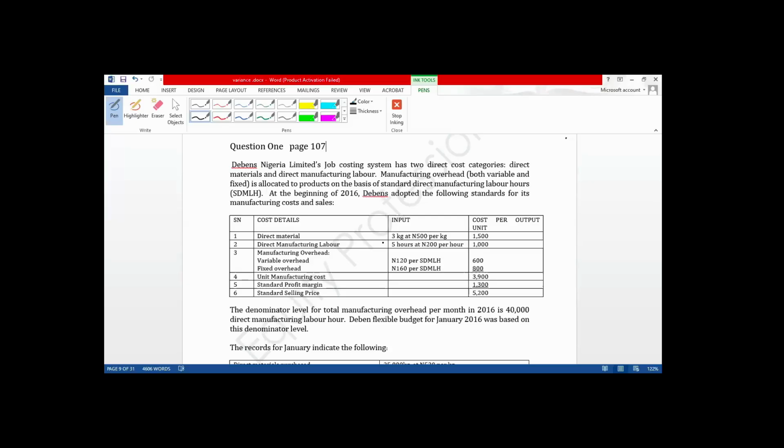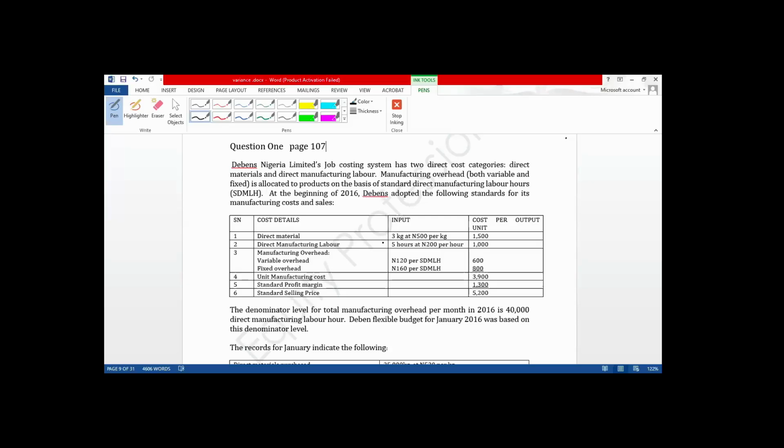Now, if you have 40,000 hours in a month, and you produce one in 5 hours, how many units can you produce in a month? 8,000 units. That is how you derive it.